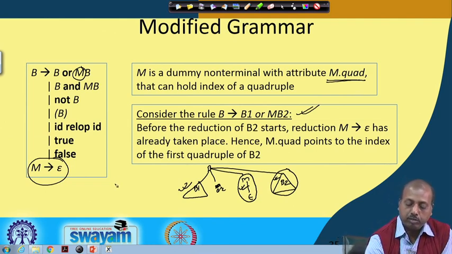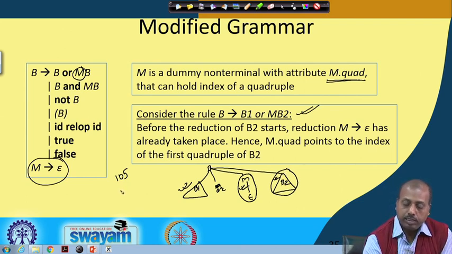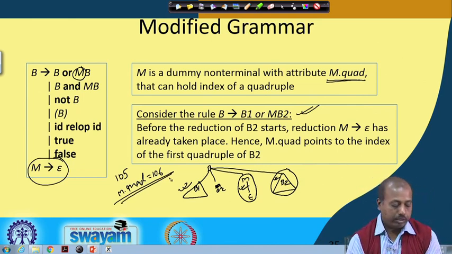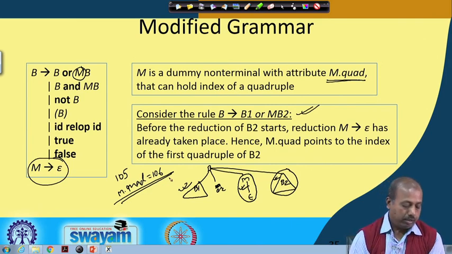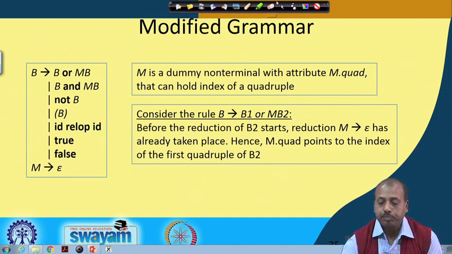Say we have generated 105 quadruples so far. So, the next quadruple is 106, and we can make M dot quad equal to 106. That will be exploited later for correcting some addresses in the table. How is it being done? Let us see in the successive slides.